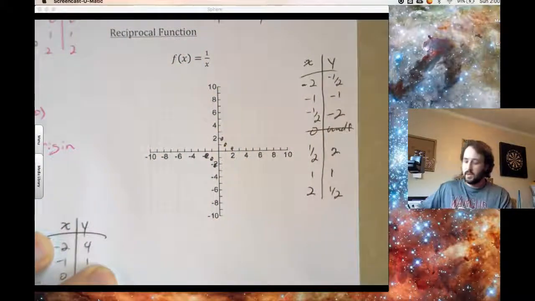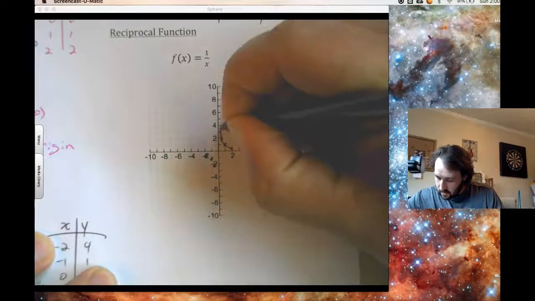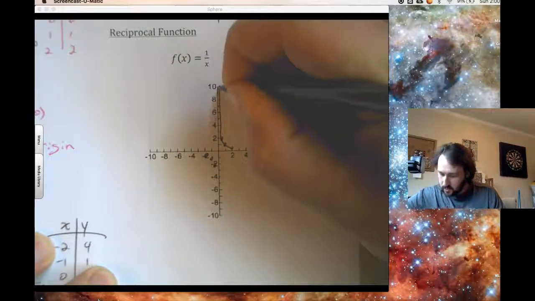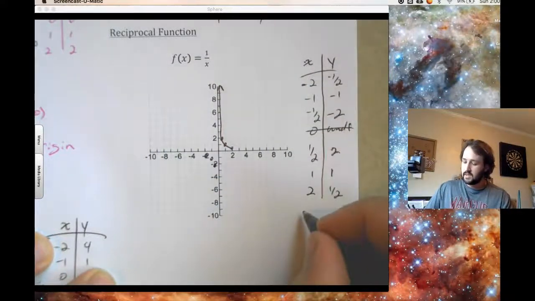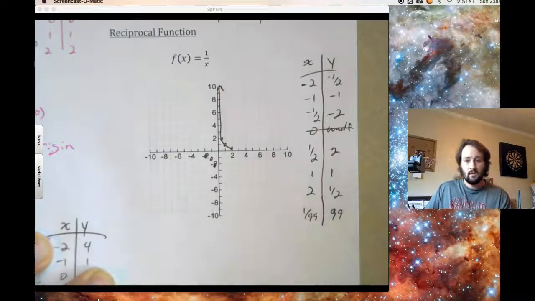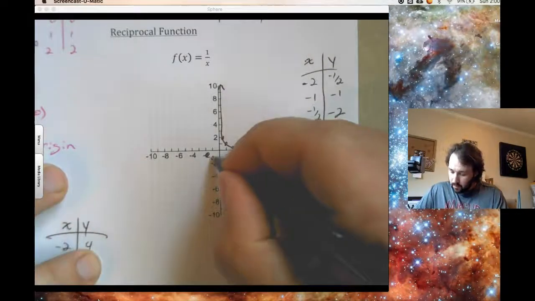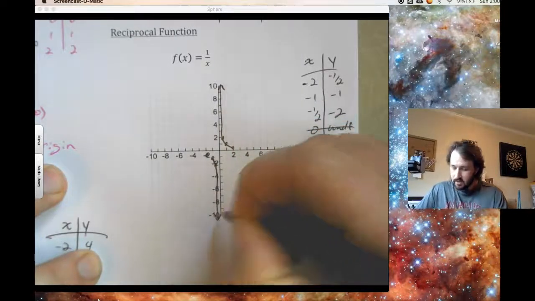So what's happening here is as my graph is going this direction, it's getting closer and closer to 0, right? Even if I did 1 over 99, so it flips the fraction and it would be 99, right? So it's getting really, really close to 0 in both directions, but it's never actually touching it.